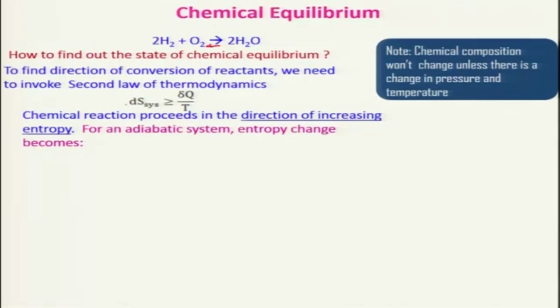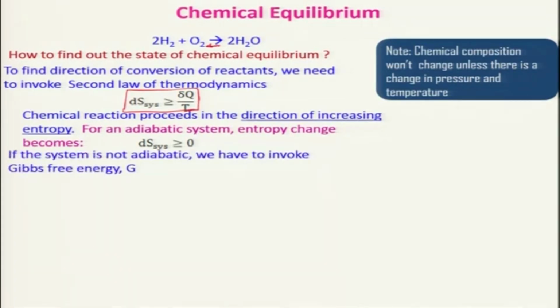However, from this equation, if the process is adiabatic, then the change in entropy will be greater than or equal to 0. So, one can find out the direction of the process for an adiabatic system by considering the entropy increase.